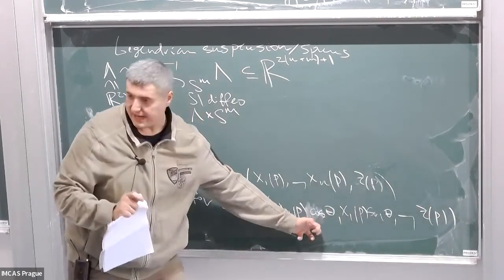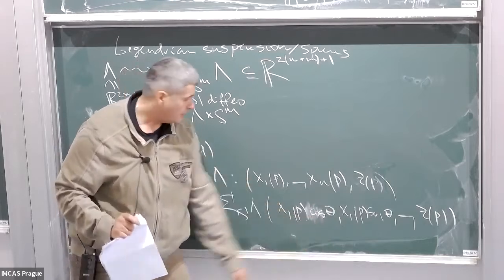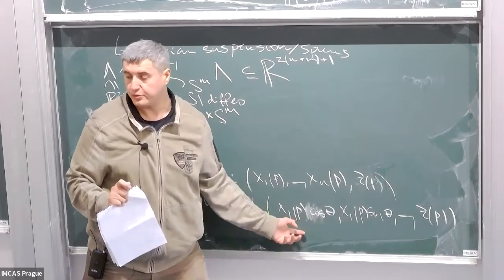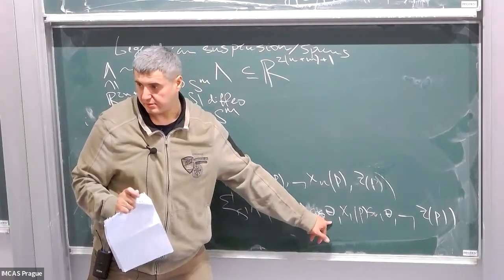Basically, we add one extra coordinate and write the equation of a circle with radius x1 and one extra variable theta.